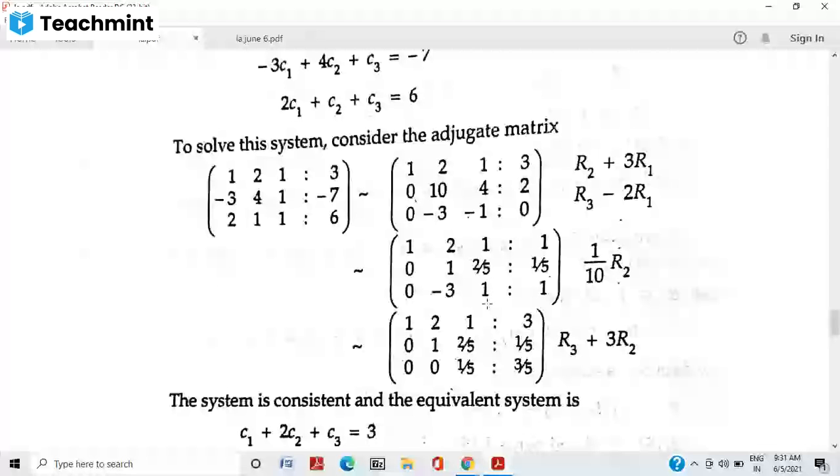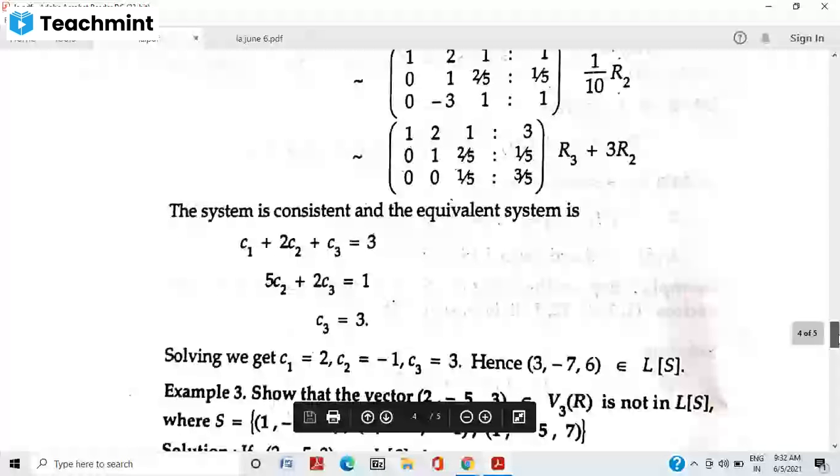You should change that. 1 plus 6 by 5 will become 11 by 5. Here you should change that. Then here what do we get? That 1 plus 3 by 5. Those values also should be changed. Once I send the notes, just correct it there.